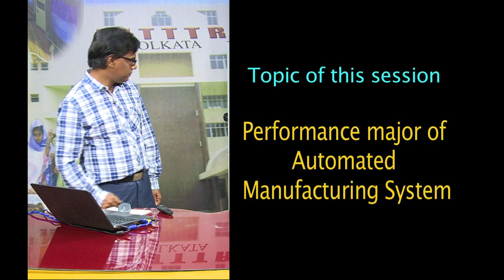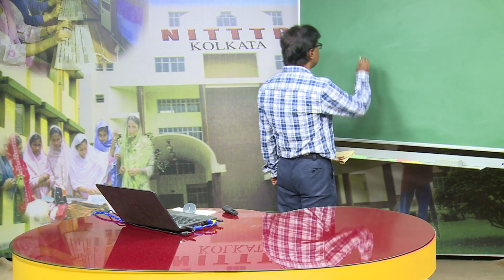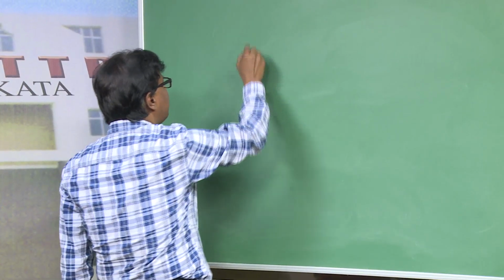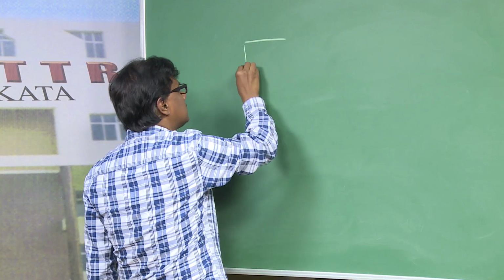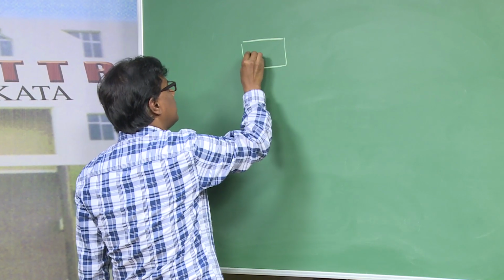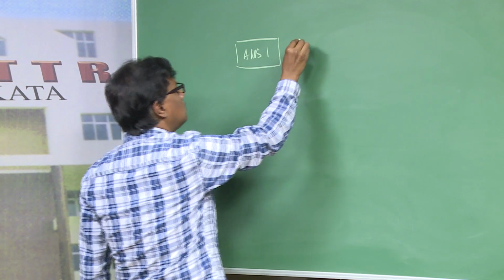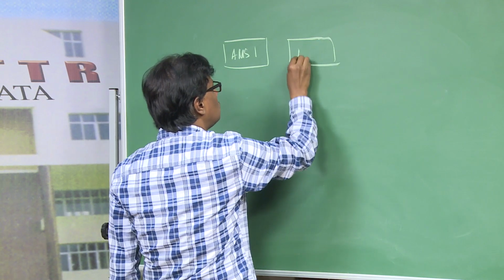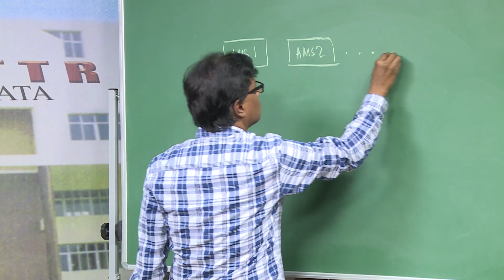What does it mean? It means suppose I have several manufacturing systems, say automated manufacturing system 1, automated manufacturing system 2 and so on.